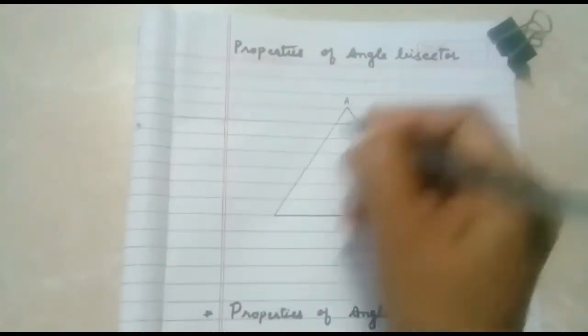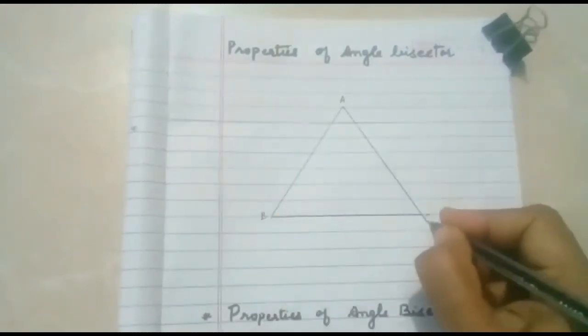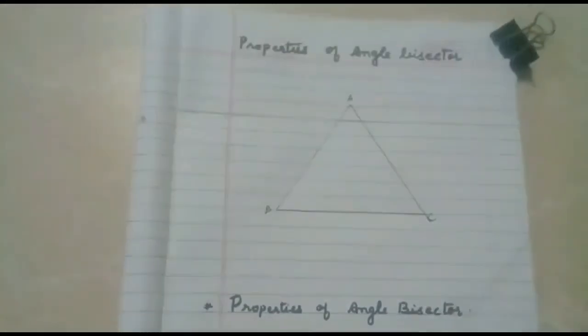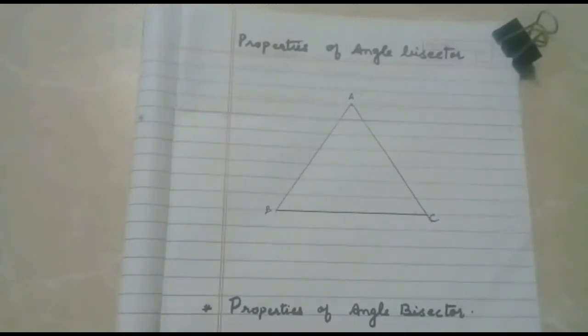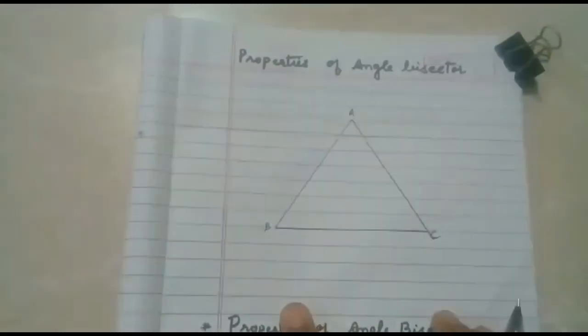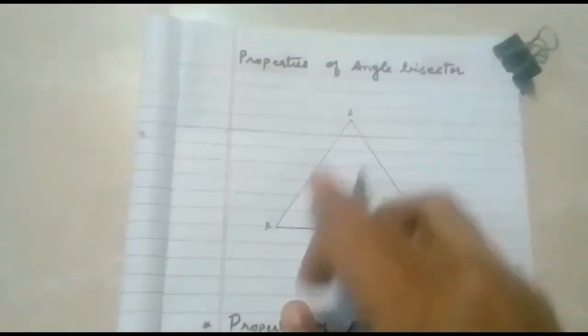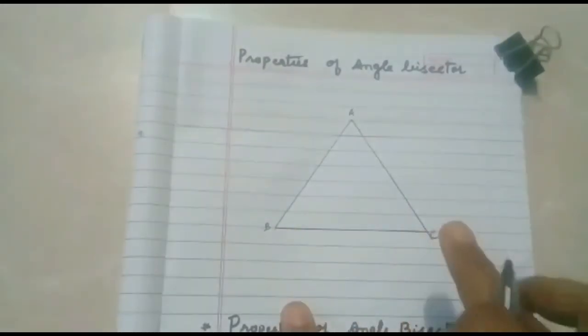Name the triangle as A, B and C. Randomly I have drawn. Now we will be drawing angle bisectors of angle A, B and C in the same manner as we did previously.